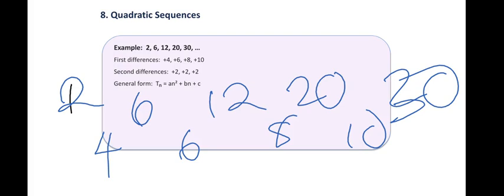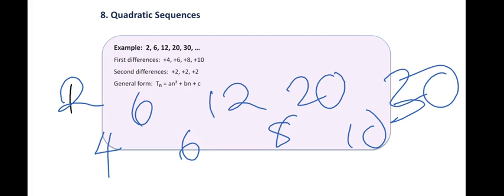So what we are going to do with these questions, since we have found the first differences, just like we did with the arithmetic, is find the difference. If it was arithmetic, you would have noticed that the differences are constant, but these ones are not. So you're going to find the second difference.